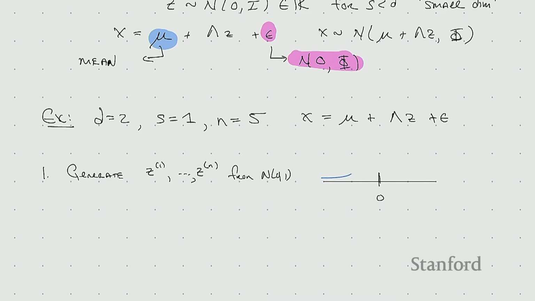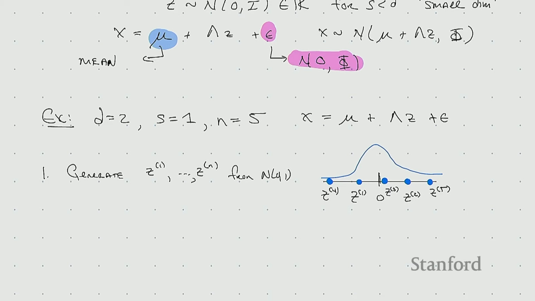The density looks something like this, a loosely interpreted artist rendition of a Gaussian. Then I'll sample. Maybe I'll sample this point first, then over here, here, here, and here. Those are my 5 points. How did I pick them? I don't know, I sampled. This is Z1, this is Z2. I'm not remembering the order that I did it, and it doesn't really matter. Z3, Z5, Z4. So I just generated those in 1 dimension.